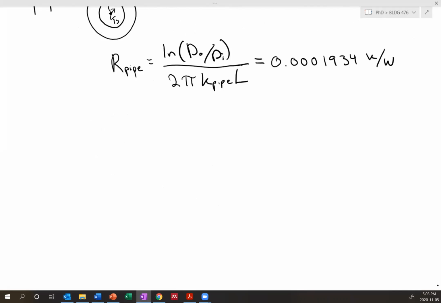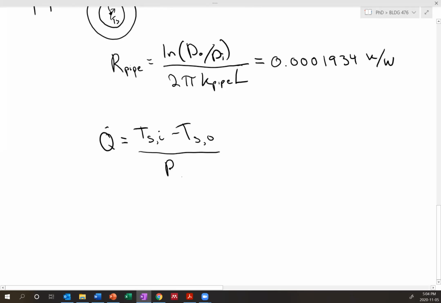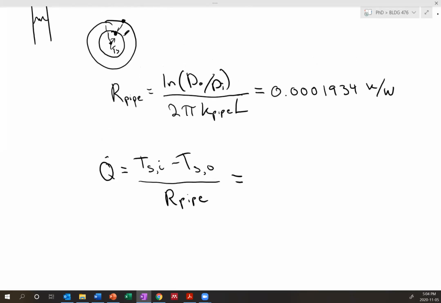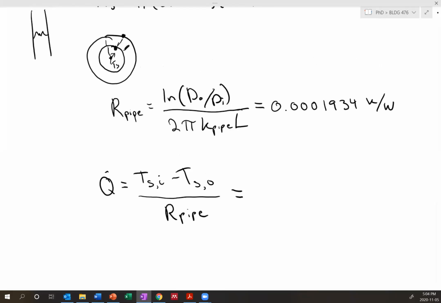And so the rate of heat transfer through our pipe is equal to our surface temperature on the inside of our pipe minus the surface temperature of the outside, divided by the R of our pipe. Then one last piece of the puzzle: we also know the total amount of heat being released.